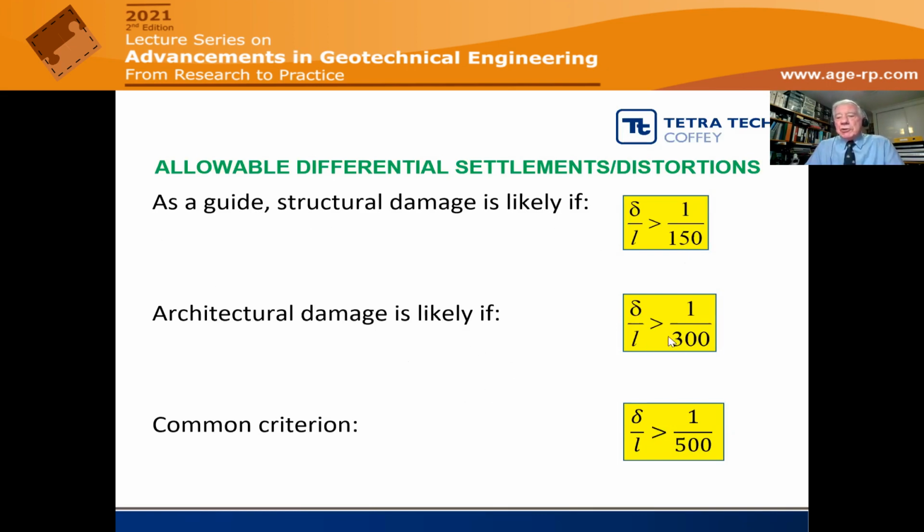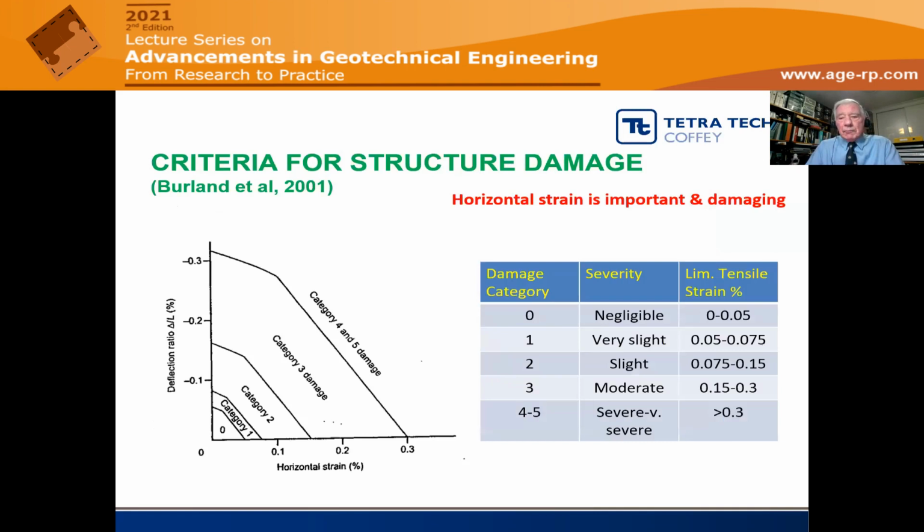If you've got a distortion worse than 1 in 300, you may get architectural damage, you may get cracking of walls and so on. And a common criterion that we tend to work with for many buildings is that we try and limit the angular distortion to 1 in 500. And if we can do that generally with most buildings, except architecturally sensitive buildings, that's pretty much adequate.